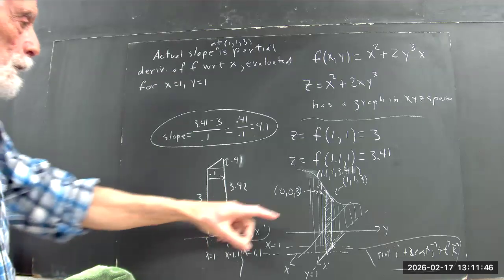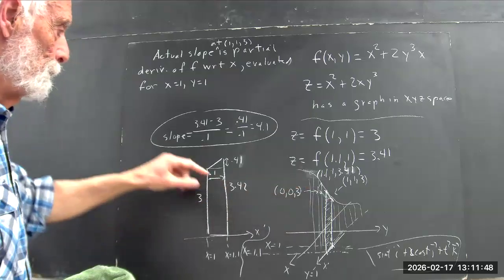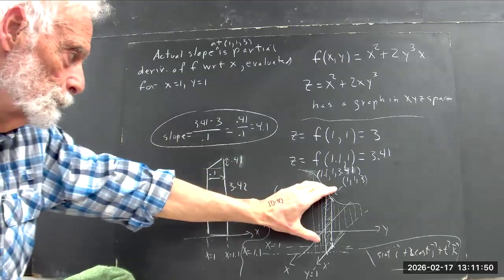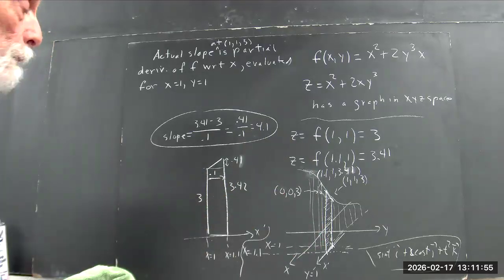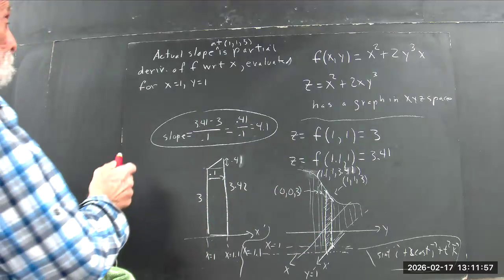So what we're talking about is the instantaneous slope at this point, or at this point, if we just pull this picture out of the three-dimensional diagram.